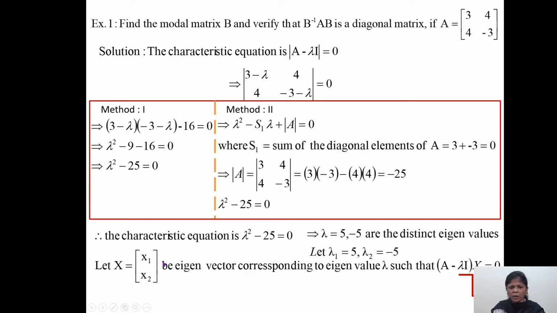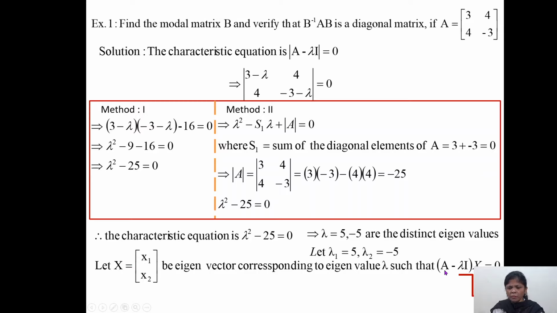For an eigenvector, this matrix should not contain all elements 0. It should contain at least one non-zero element, so it should be a non-zero column matrix. Let us call this equation 1. This eigenvector will satisfy this equation.